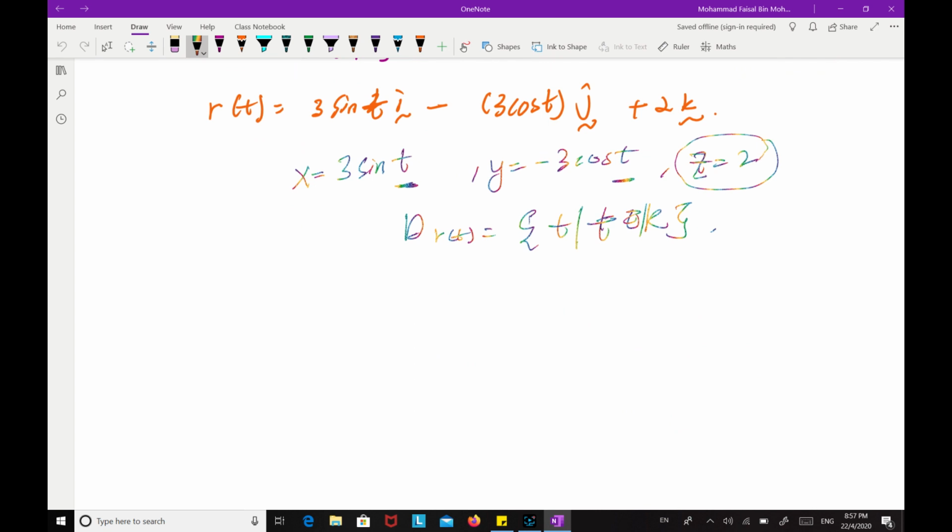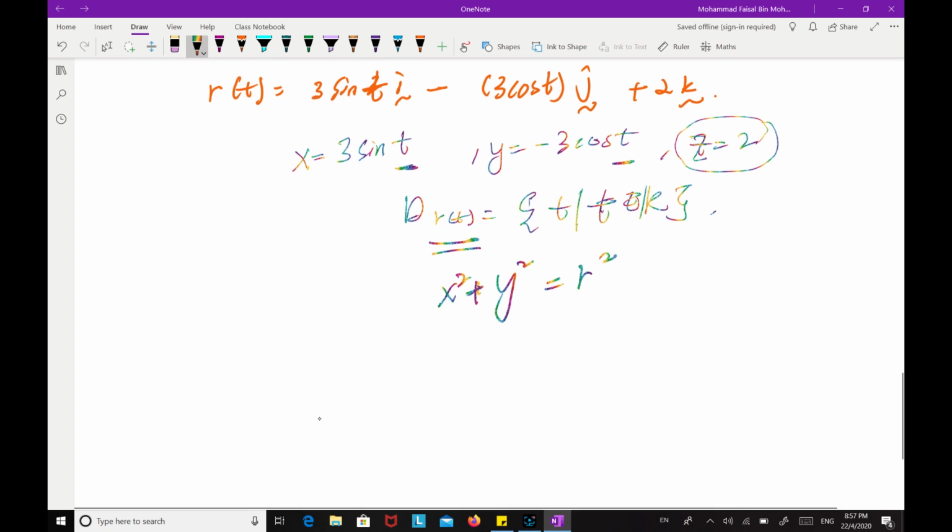Okay, so for this question, we have to find the domain, and then we use the x squared plus y squared equals r squared formula. Easy, circle formula.